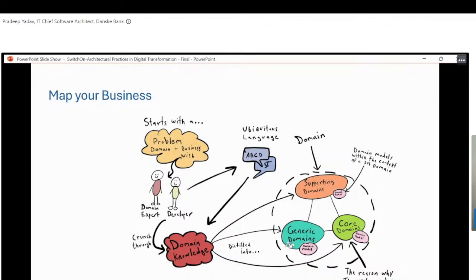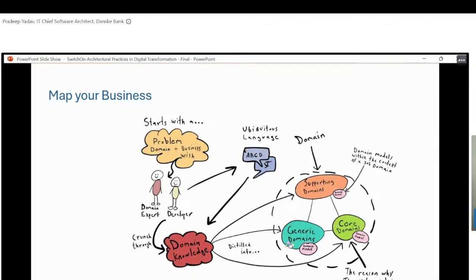How we go about it: we bring all the stakeholders together. We invite business experts, architects, product owners, and developers into the room, whether offline or online, and then we explore the problem domain.